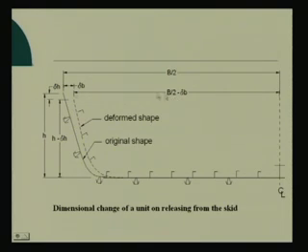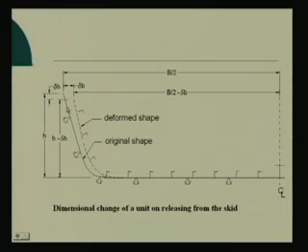That means, instead of this breadth being b by 2, it has fallen short by some amount delta b, as well as the height would have been h, it has fallen short by delta h, because it has shrunk in this direction as well as in this direction. So, they are observed. That means just restraining a structure, which we have talked about, to prevent and control distortion, does not always work, right, not always works.